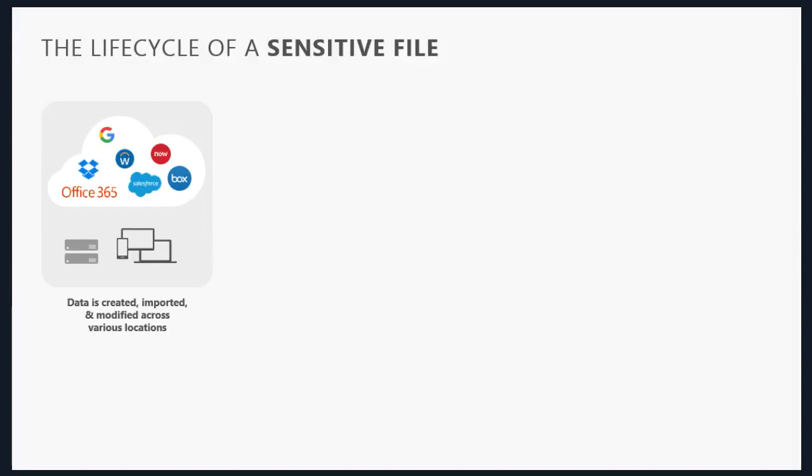So in regards to this specific topic, what we're really looking for is protecting the data lifecycle of the file itself. What we're going to take a look at here is that the sensitivity of the particular file is really set at the creation of the file.